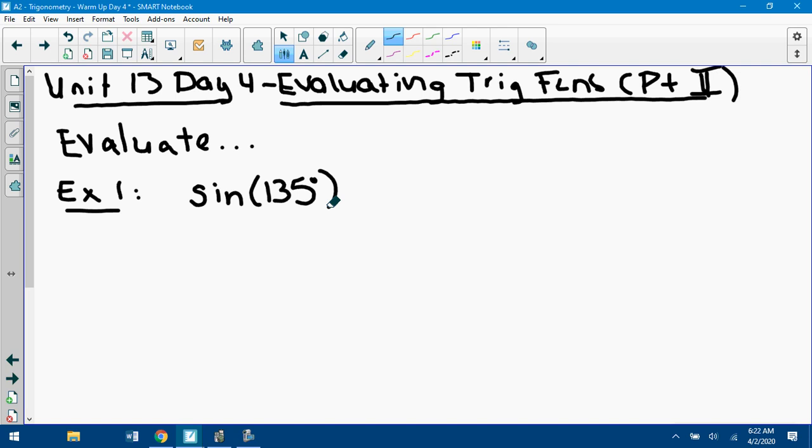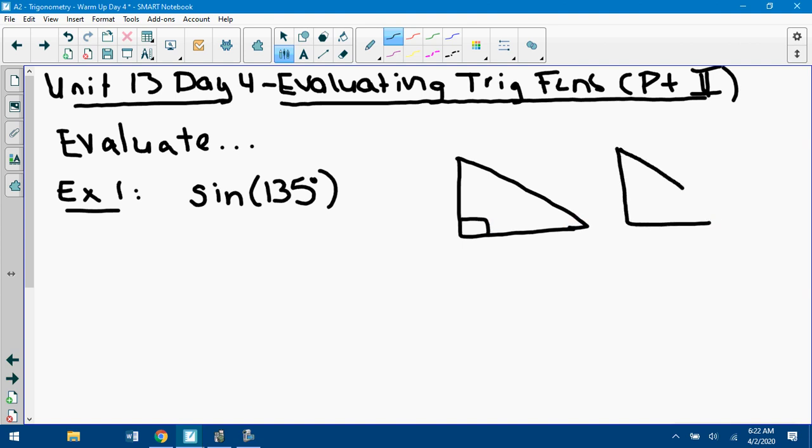Okay, the other thing that I'm going to need to remind you of, in addition to what we did yesterday, is your two special triangles. So if this is 30 and this is 60, what side's always next to the 30? X radical 3.